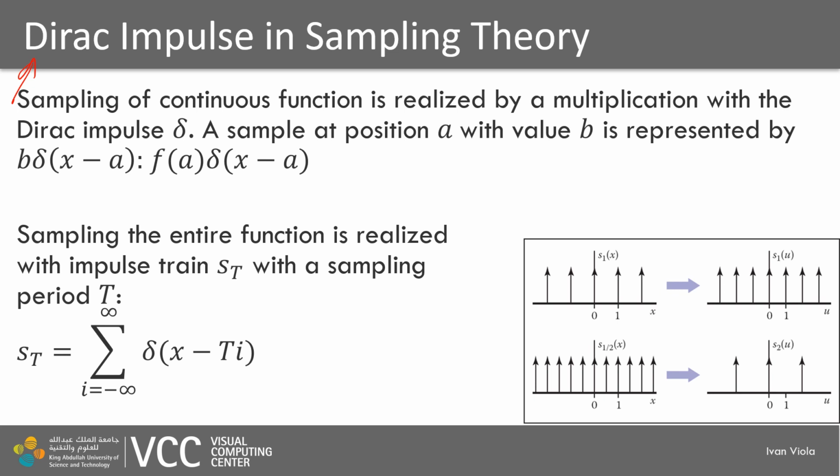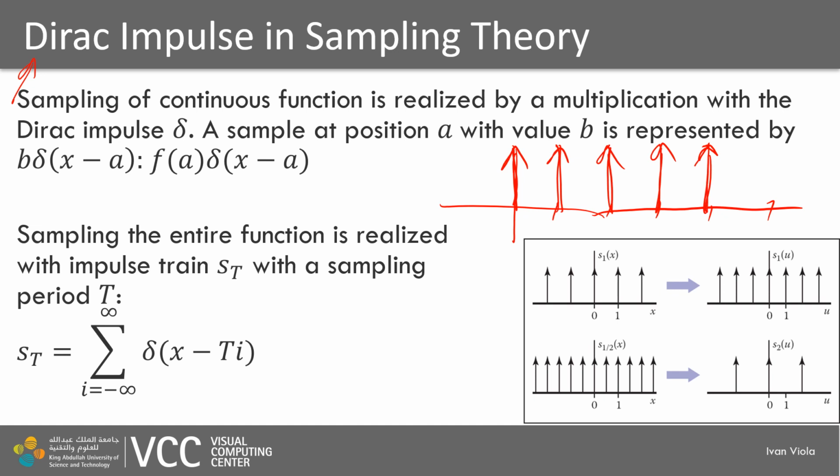So we do not have only one Dirac impulse at the position 0, but we actually have a periodic representation of such a Dirac impulse many times, at integer positions, or at certain equal distances from each other. And we call such a filter a comb filter, because it looks a little bit like a comb. We can also call it an impulse train, for example.